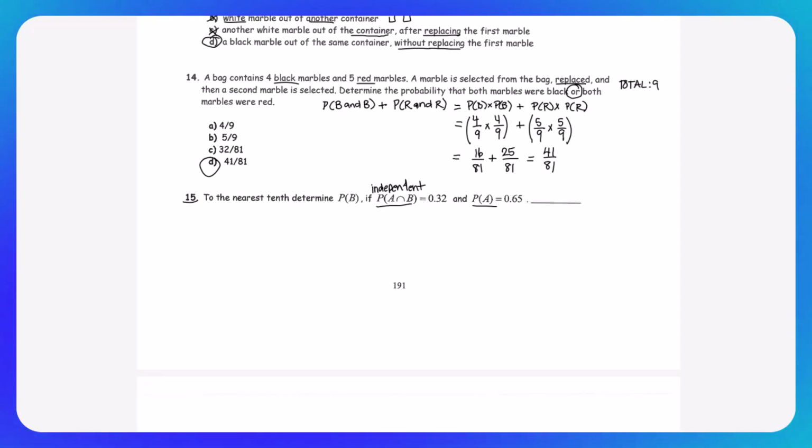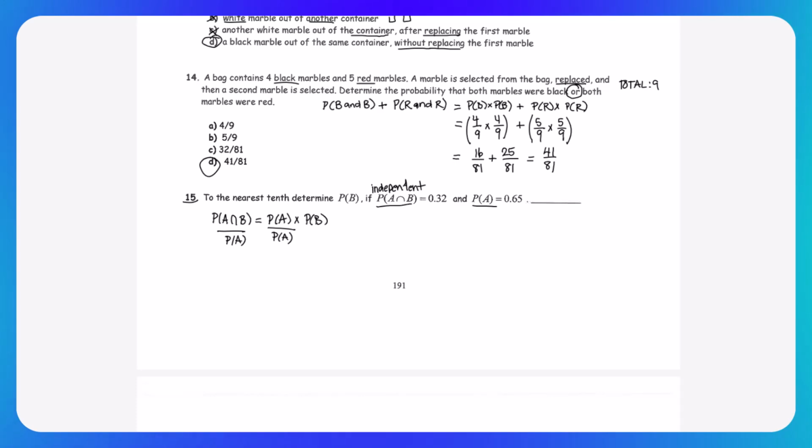So assuming independence, going back to our independence formula, the probability of A intersect B equals the probability of A times the probability of B. Now we can go ahead and rearrange the formula. It's okay to get in the habit of working with formulas.